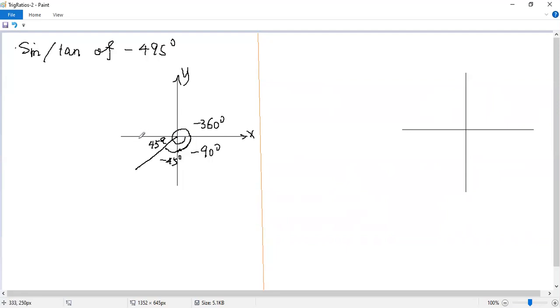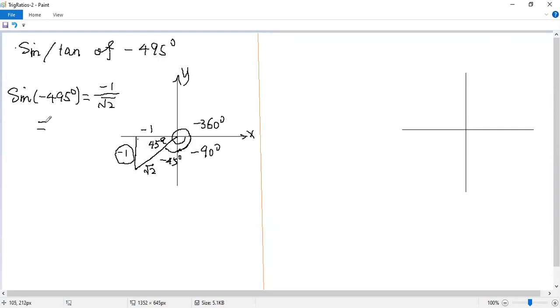So we can create a special triangle as the reference triangle. So here's 1 and 1, and here's square root of 2. Oh, negative 1, negative 1. So sine negative 495 equals opposite, which is negative 1 over hypotenuse, square root of 2.